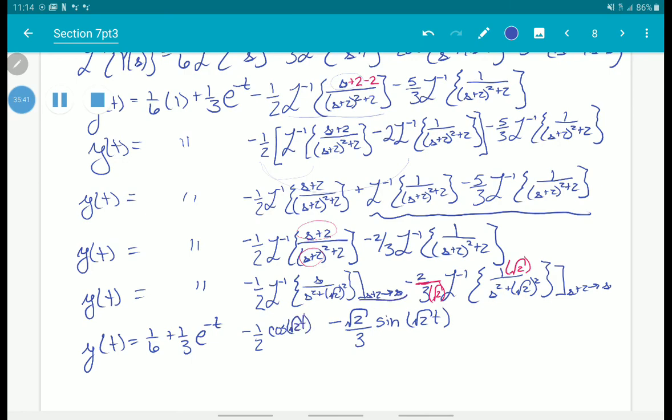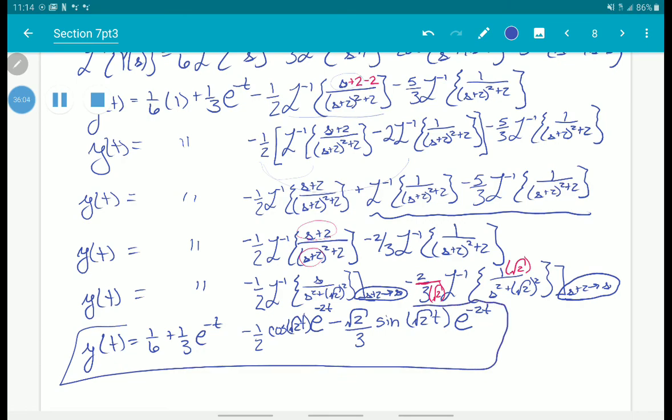And then we have to show this. Don't forget this guy. That tells us it needs to be multiplied by e to the negative 2t. And then that last one ended up being minus square root of 2 over 3, sine of square root of 2 t, and then we need to show that S translation, e to the negative 2t. So there's our final answer for this problem.